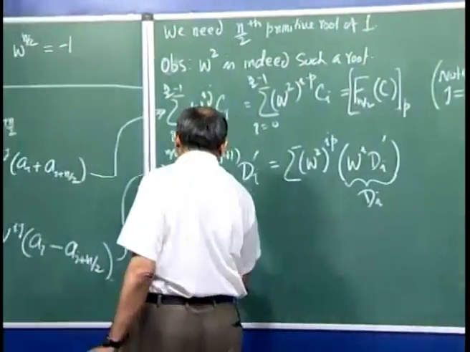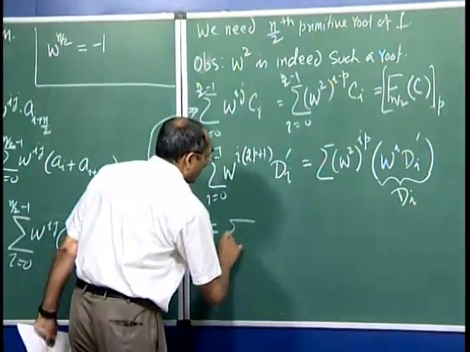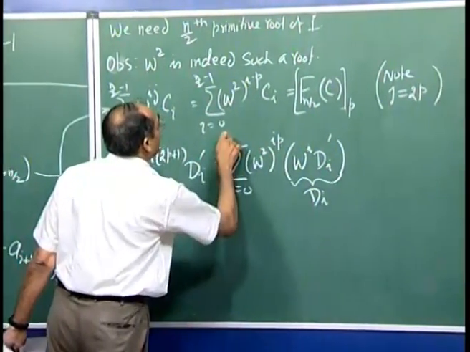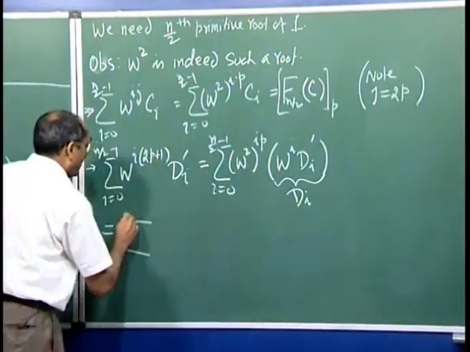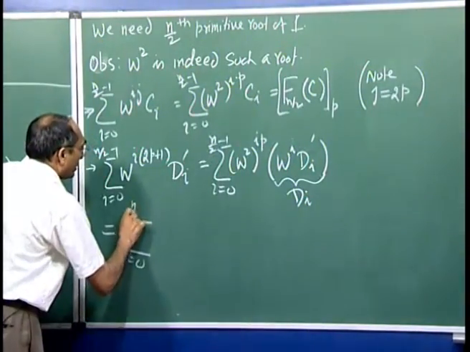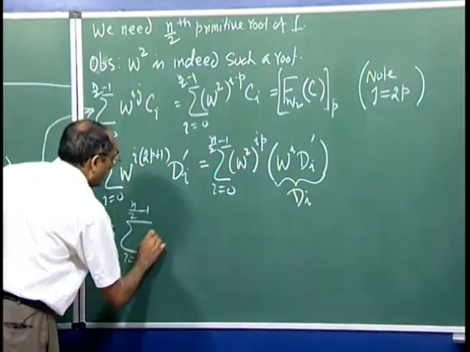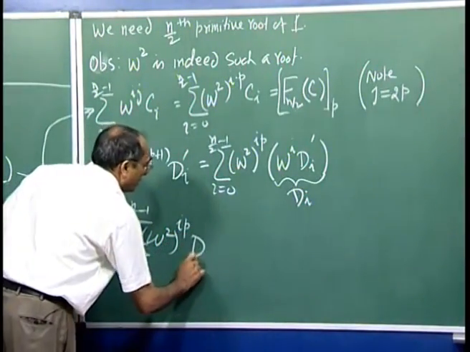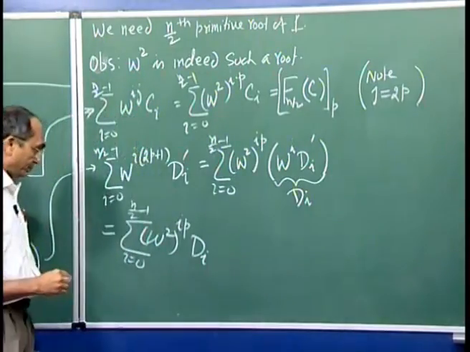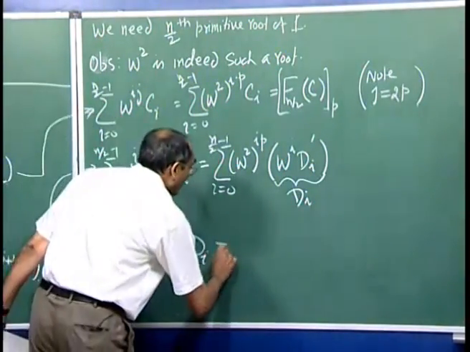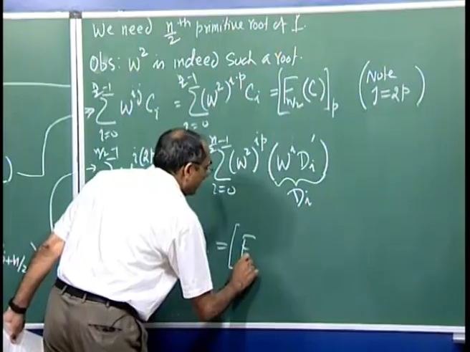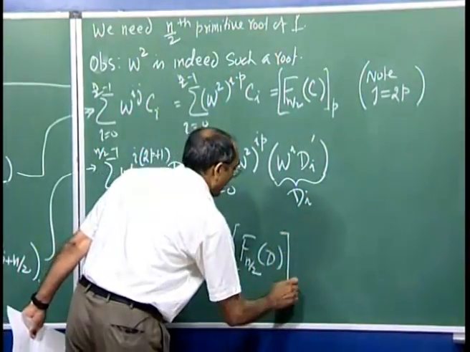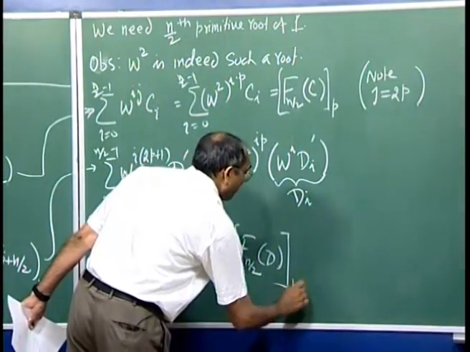So, the sum now is, well, i goes from 0 to n by 2 minus 1, w square power i p, di, which is the Fourier transform of half size of vector d, and this is the pth component.